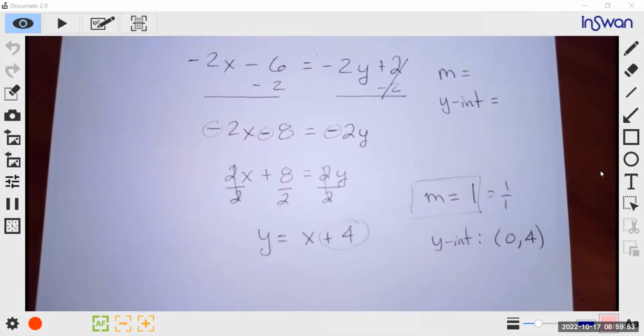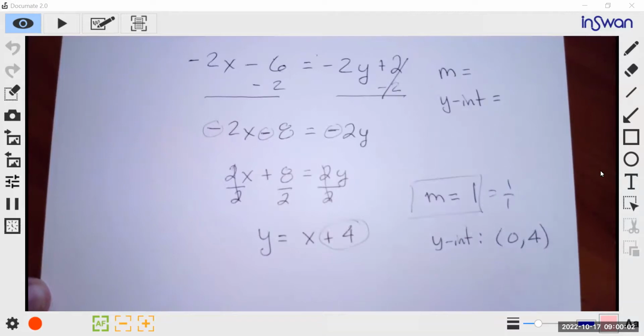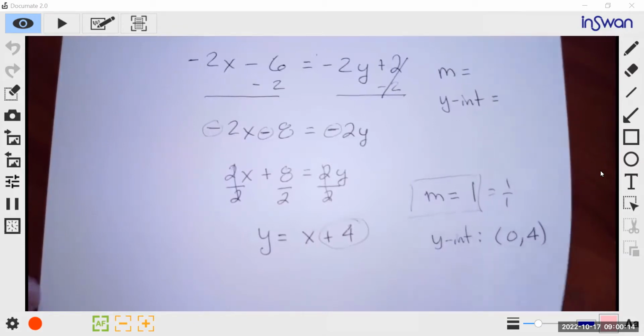In an equation, once you get y by itself, the constant is always the y-intercept. So far, so good. Want to do another one? Okay, do one more.